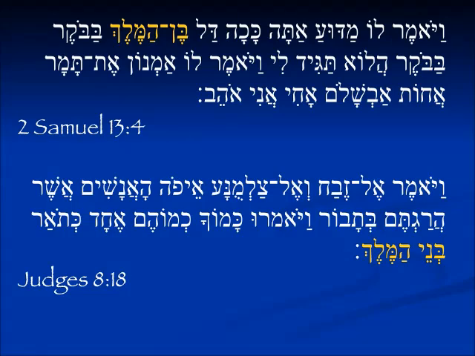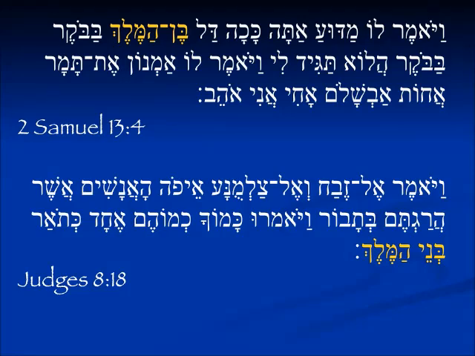Another anomaly, Judges 8:18. Gideon is chasing down a bunch of people, Zevach and Salmuna, and he asks them, Efo ha'anashim asher haragtem b'Tavor? Where are the men that you killed in Tavor? V'yomru, and Zevach and Salmuna reply, Kamocha, kamohem, as you are, like you are, they are.